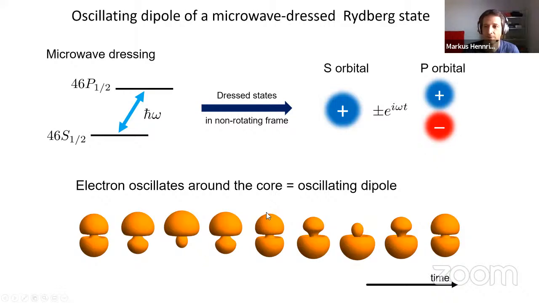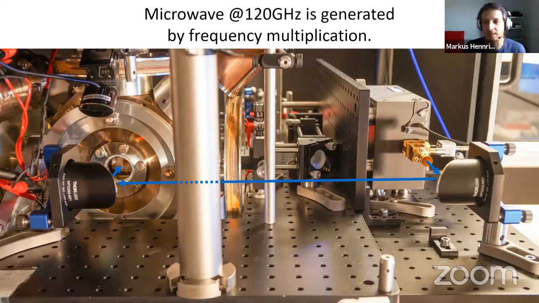So together with the core, you will actually get such an electron wave function that oscillates around the core, and due to that you get an oscillating dipole.